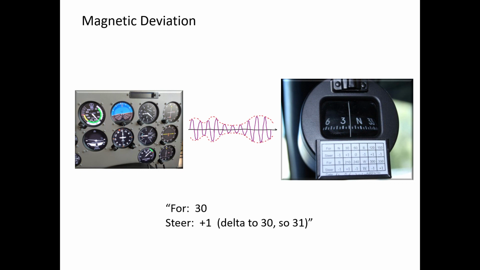Otherwise, if you fly at a heading of 030 on your compass, as far as magnetic course on Earth is concerned, you're actually flying a heading of 029.